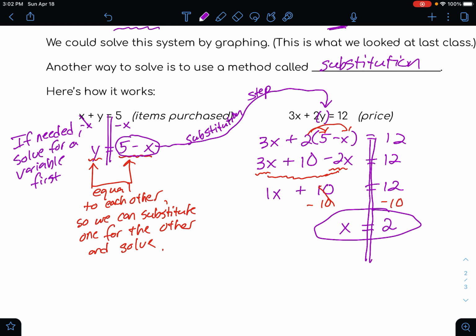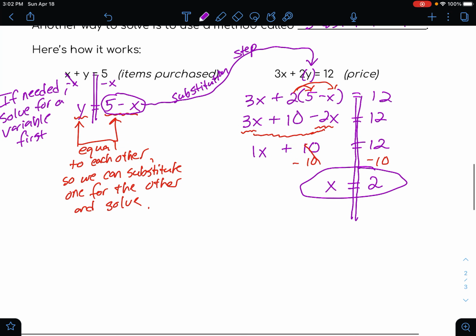Remember, when we're solving a system, we need an x and a y. We need the point that they share. If we're graphing them, it would be a set of coordinates, an x value and a y value. So we still need the y value. Now remember, we had 2 equations over there, and one of the equations we changed around so that we had y by itself.